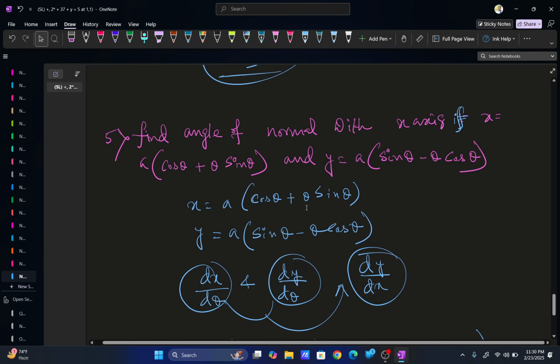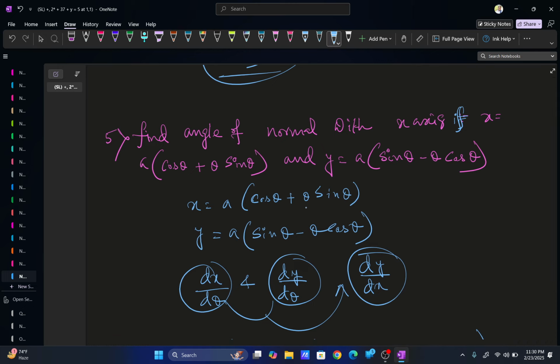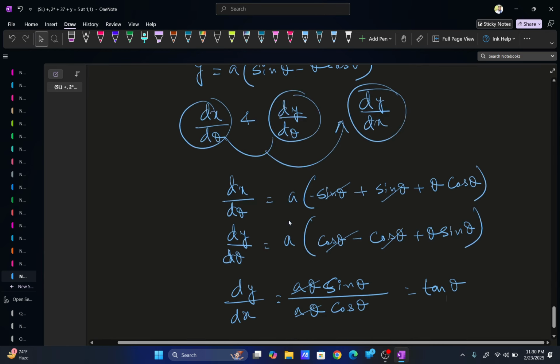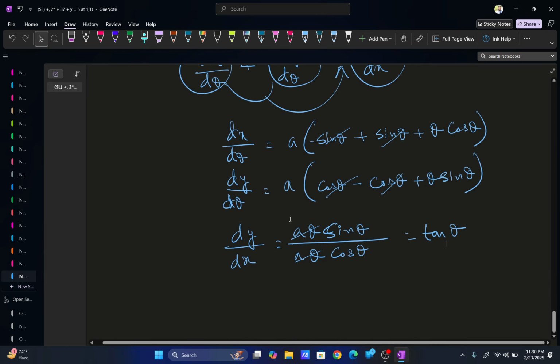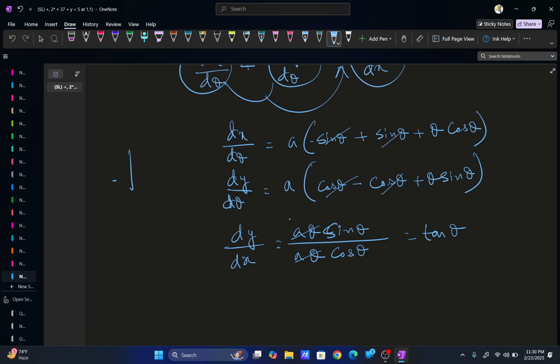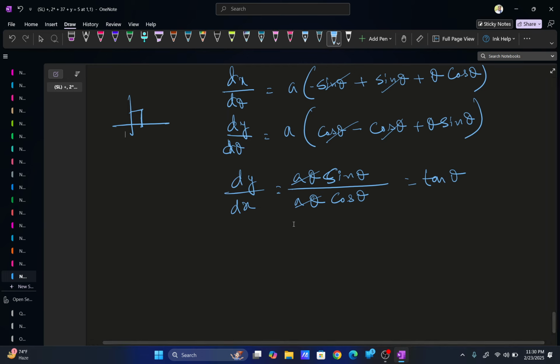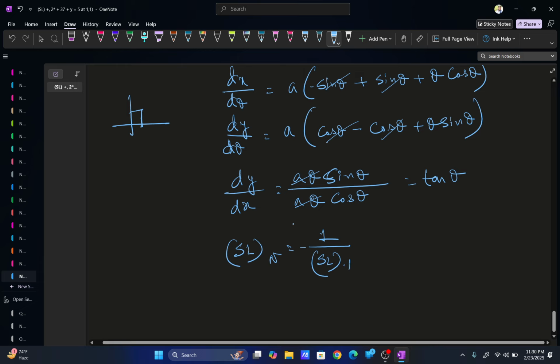The question says find the angle of normal with x-axis. So what is the meaning of normal? Normal means 90 degrees. So actually the slope of normal is minus 1 by slope of tangent.